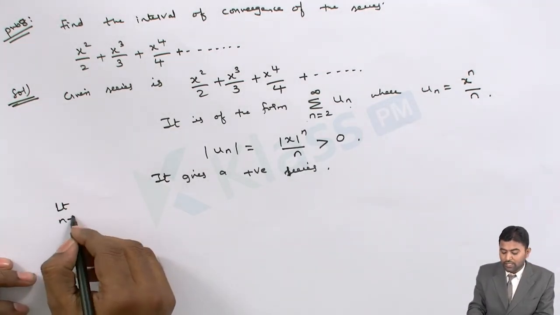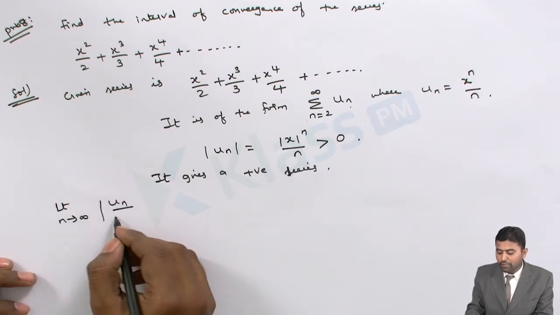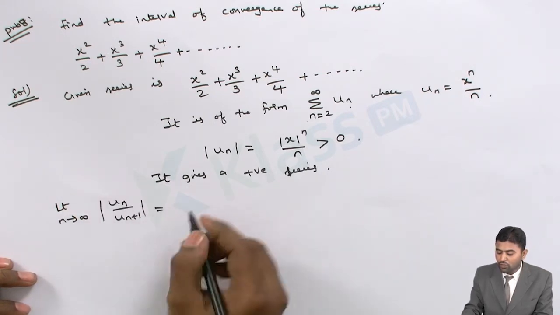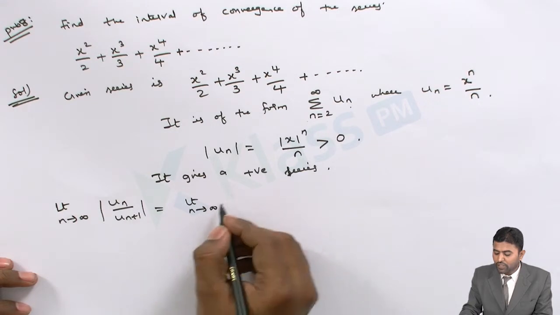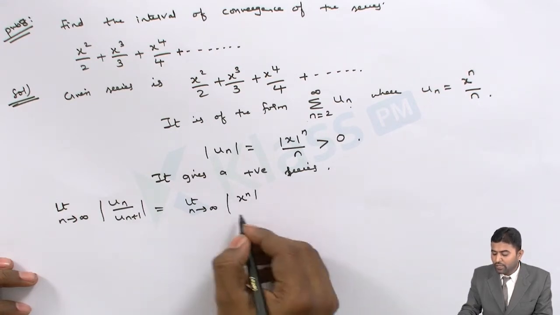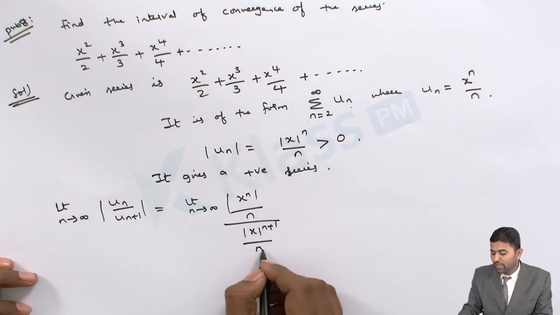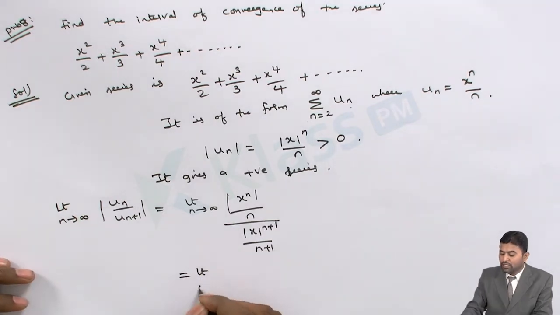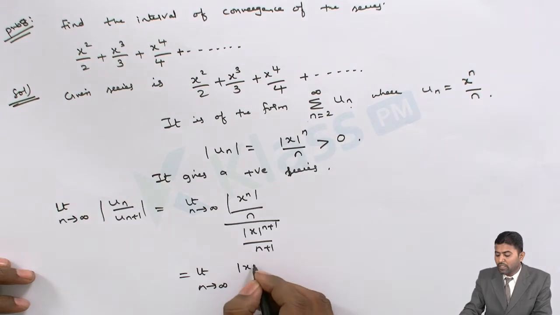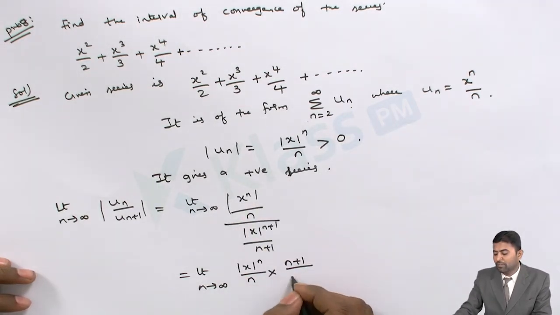Now limit n tends to infinity, mod un by un plus 1 is equal to limit n tends to infinity mod x power n by n divided by mod x power n plus 1 by n plus 1, which is equal to limit n tends to infinity mod x power n by n into n plus 1 by mod x power n into mod x.